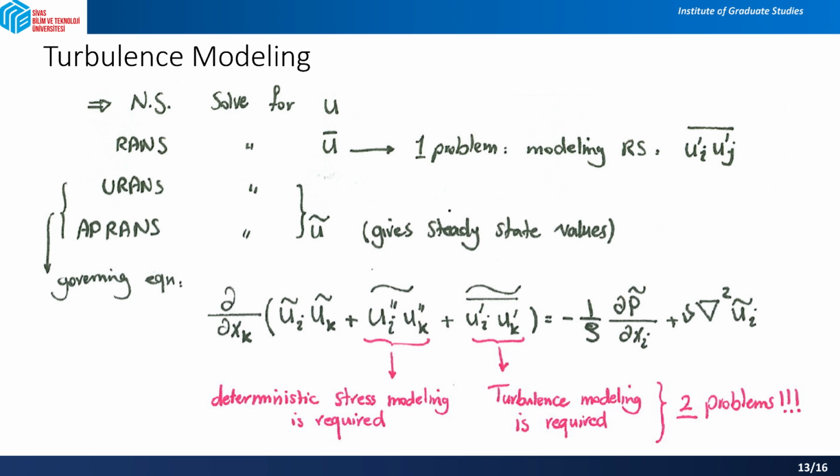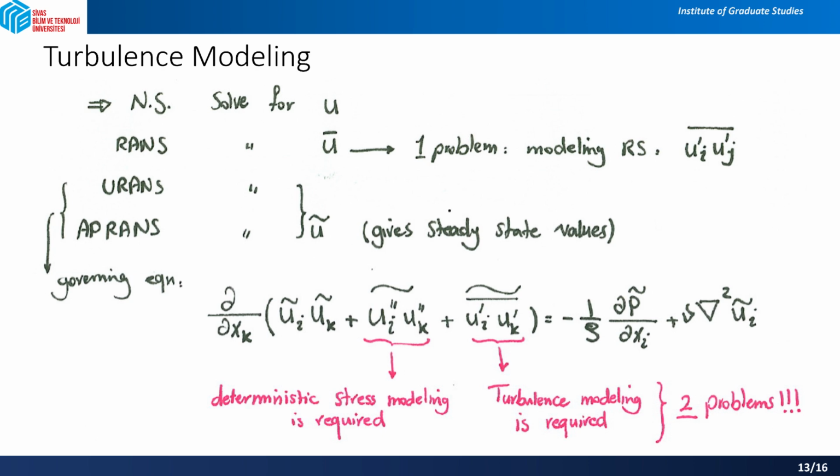So this is actually the equation for the APRANS and also the URANS equations. And in this equation, as we said, this was deterministic stress. This was average passage stress. So in this deterministic stress, you need to model this.